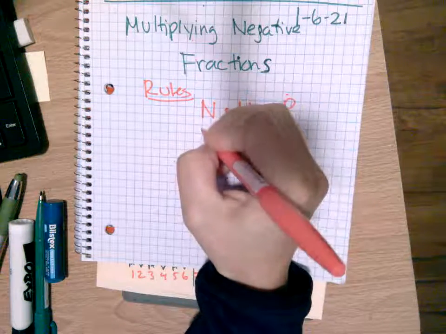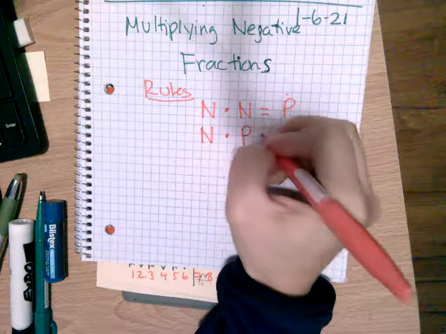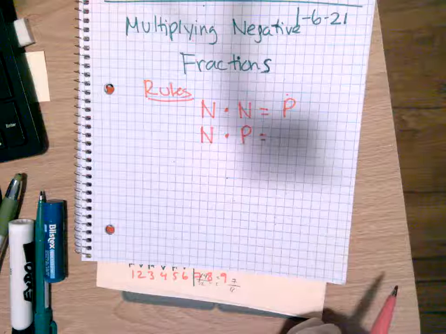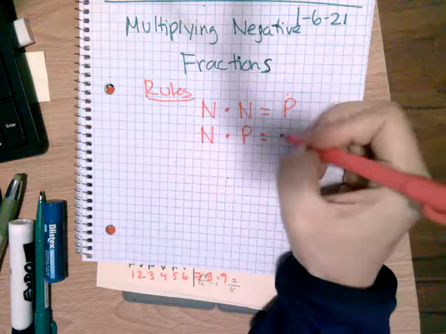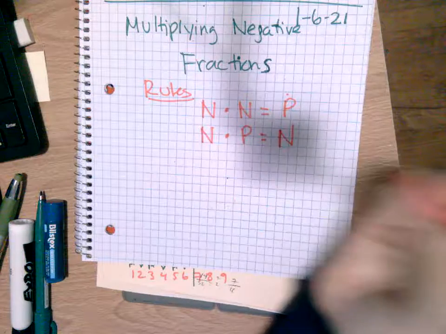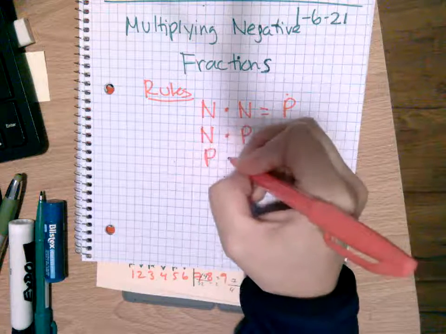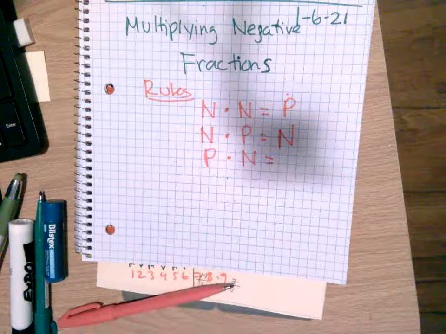What if the first fraction's a negative and the second fraction's a positive? What is that going to equal? Negative. Thank you. What if I reverse it? What if I put the positive first and the negative fraction second? What kind of answer do you get there?